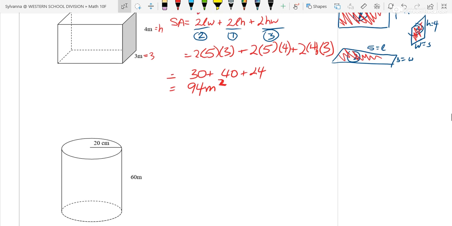So this now is a cylinder. The formula is 2 pi times r times h plus 2 pi r squared. So h is the height of the cylinder and r is the radius.